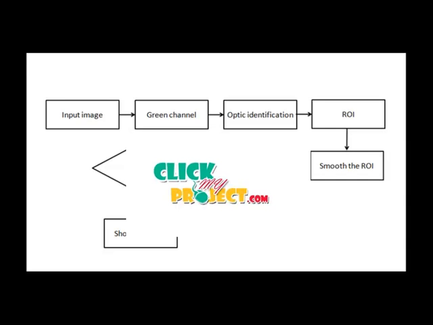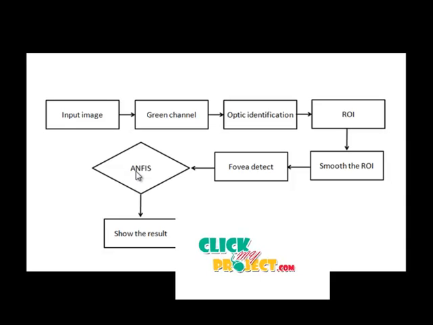This classification is done with the ANFIS algorithm. The adaptive neuro-fuzzy inference system, or ANFIS, is used to classify the images to get the final result. The result will be more accurate than the previous method. The acronym ANFIS derives its name from Adaptive Neuro-Fuzzy Inference System.